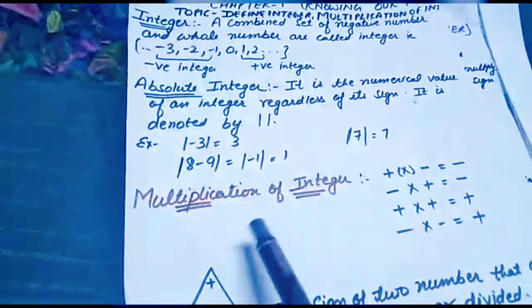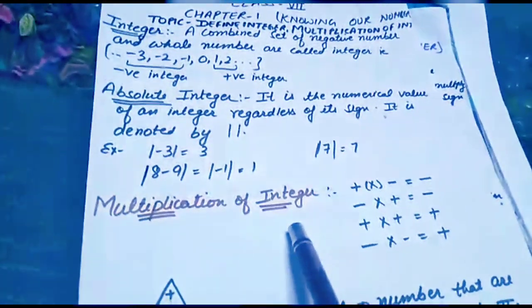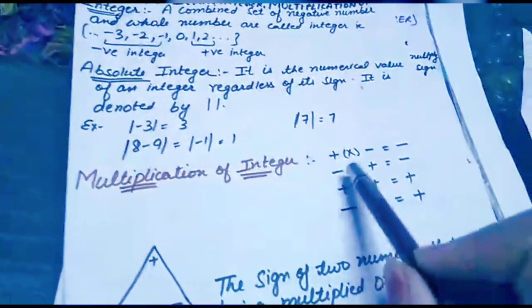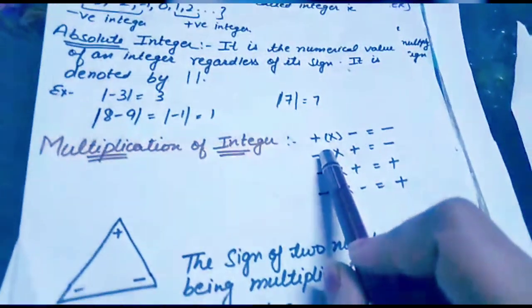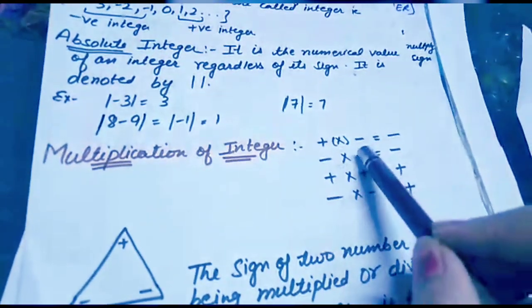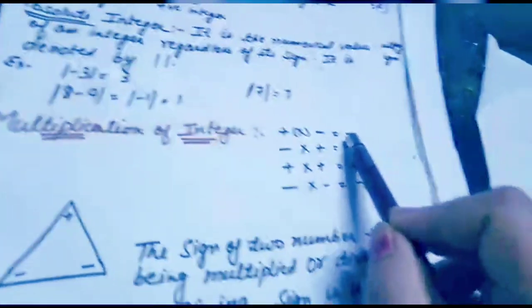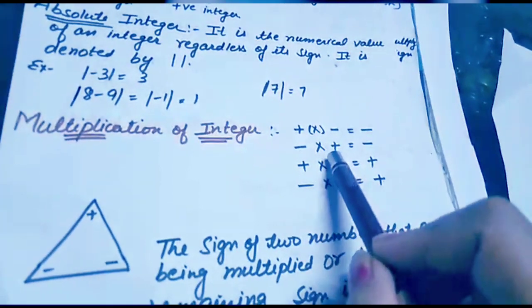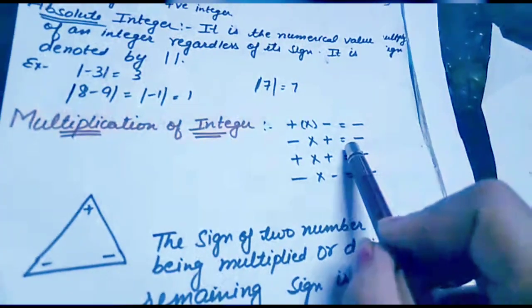Now come to the multiplication of integers. Here we multiply two integers of different signs. When we multiply a positive integer by a negative integer, we get a negative integer. When we multiply a negative integer by a positive integer, we get a negative integer.